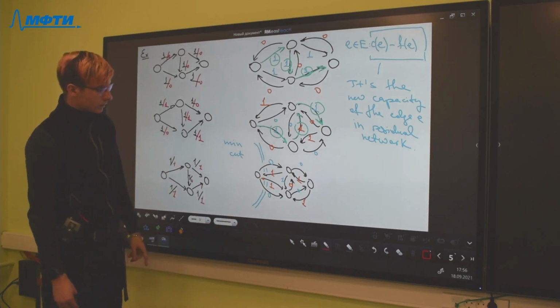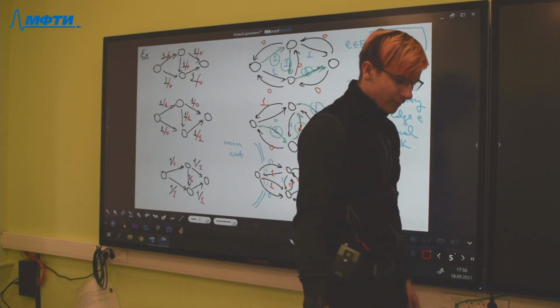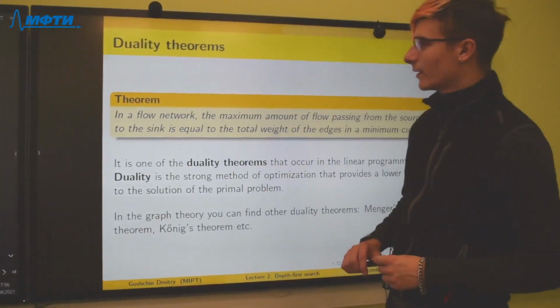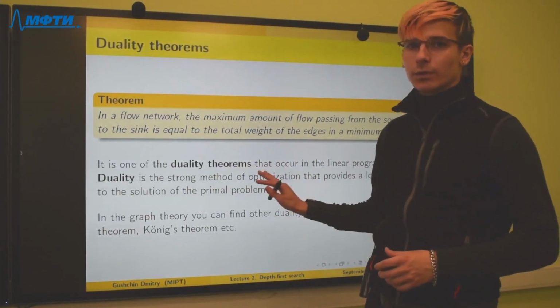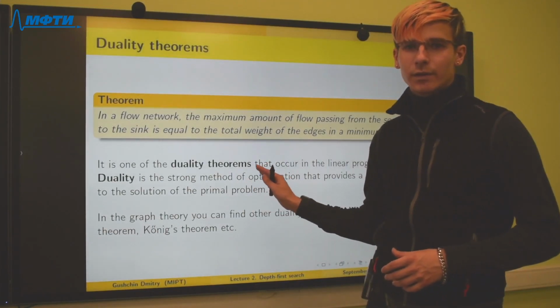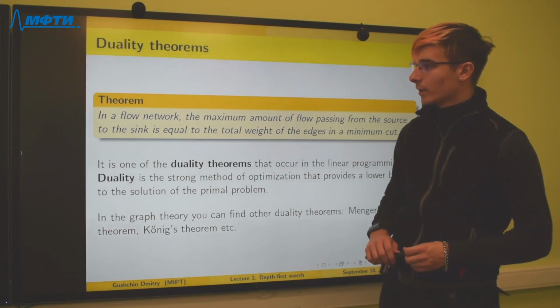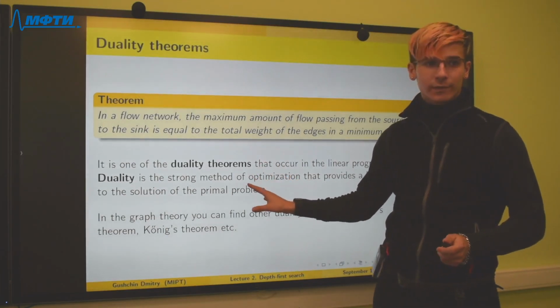And it is important to understand that we have this method, and maybe if we have time in the end of our course, we will talk about duality and other linear programming problems that we can solve with the duality method.